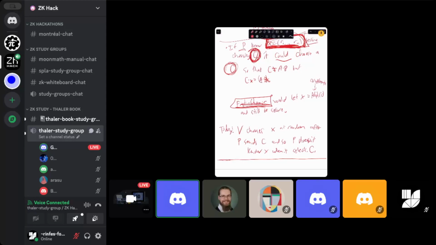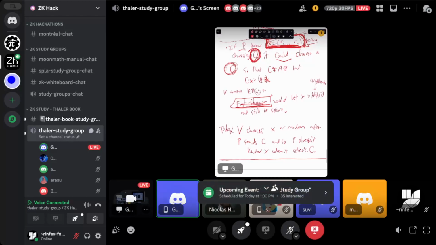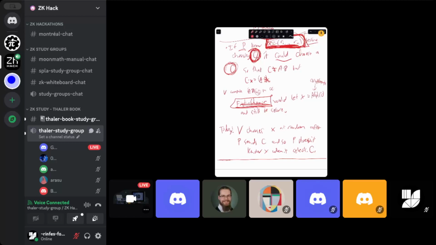But at that point, you could just have the verifier, ignoring the prover, directly compute just one entry of A times B, for a random IJ, and check that entry. It can do that in order n time, right?